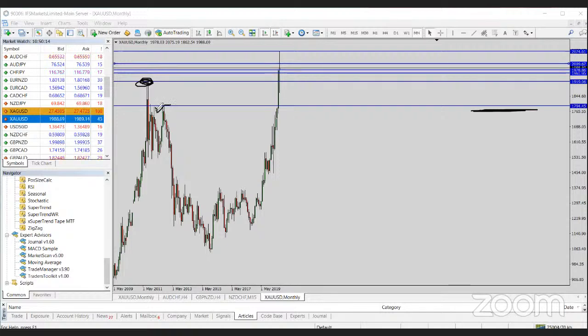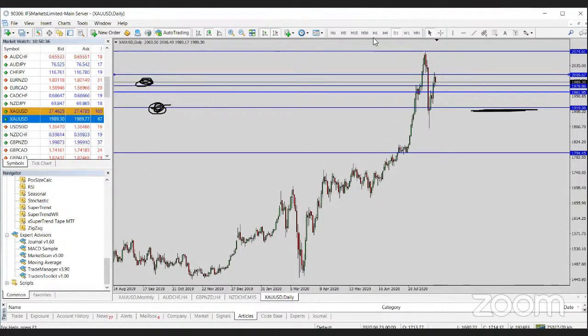And this level here is significant, what was significant resistance, now potentially significant support. So those are the only two levels that we have from historic price action that we can use. Apart from that, it is just what we see on the chart right now. Let me just get rid of those actually to avoid confusion.